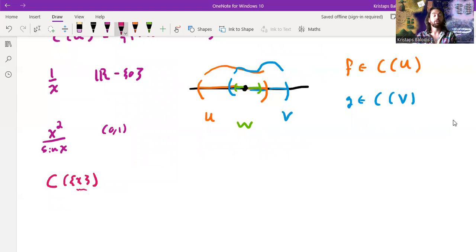But remember, in our definition of a sheaf, it's only assigning rings or sets to open sets, right? So I can only ever plug some open set U into C. And in the real numbers, a singleton point is not an open set, right? You can have weird topological spaces where that happens, but we want something that's going to work in the most generality, right?